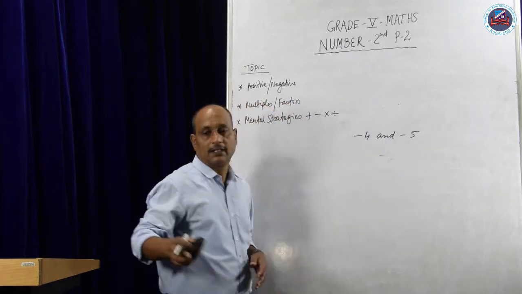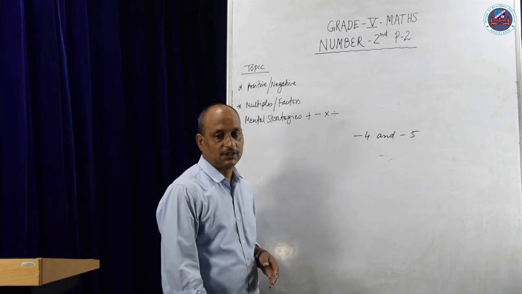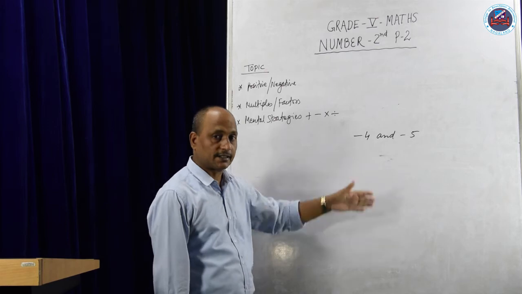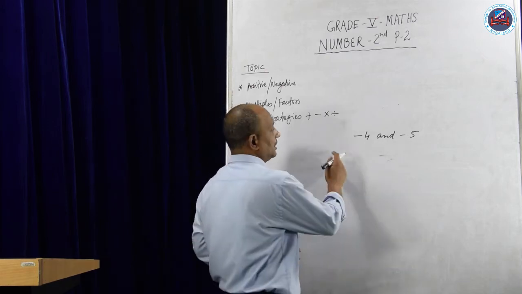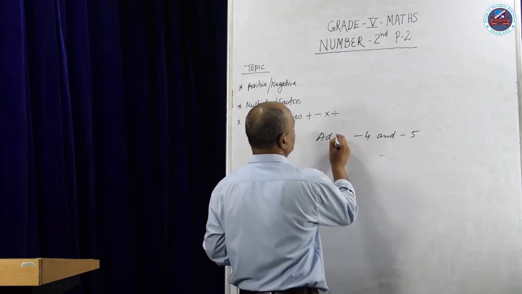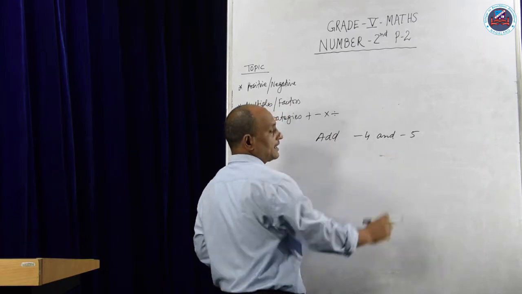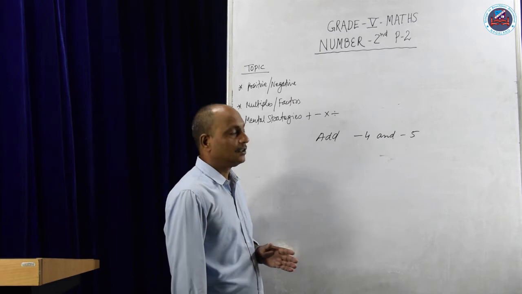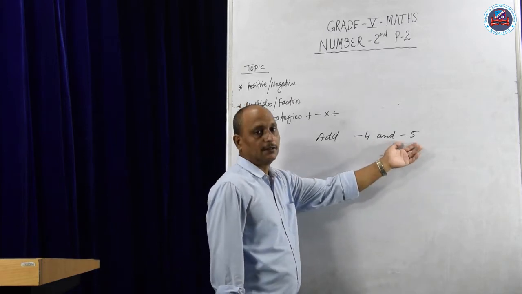Let us go for addition. How are you going to add and subtract these numbers? Suppose the question is to add -4 and -5. Which is the bigger number here? -5.